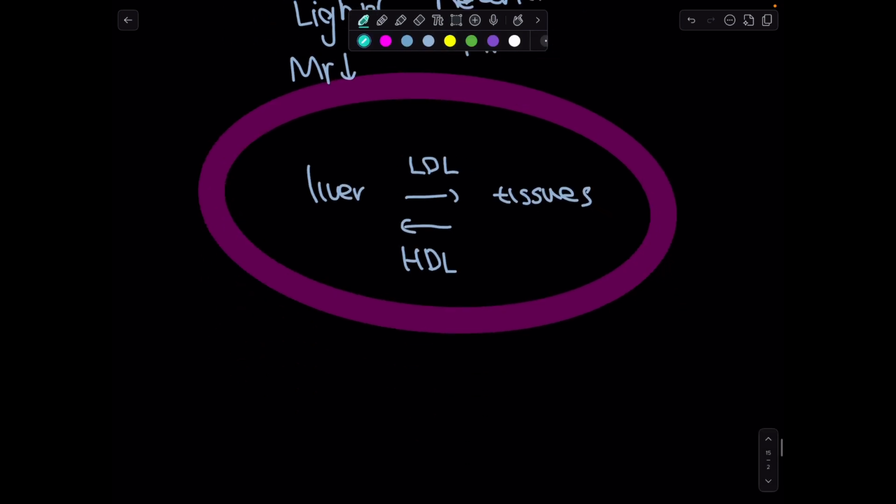Apolipoproteins are specific proteins on lipoproteins that act like address tags, guiding their function and destination. LDL has apolipoprotein B, ApoB, because ApoB binds to cell receptors, ensuring LDL delivers cholesterol to tissues for membranes and hormones. HDL has apolipoprotein A, ApoA, because ApoA grabs excess cholesterol from tissues and directs it back to the liver for excretion, preventing plaque buildup.